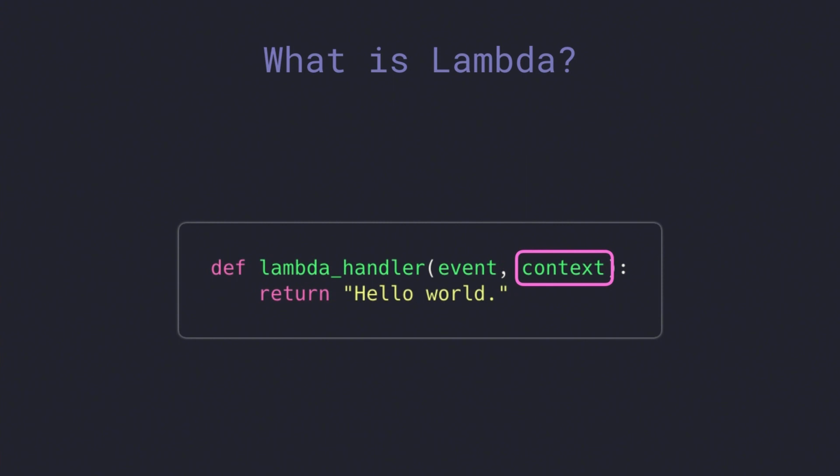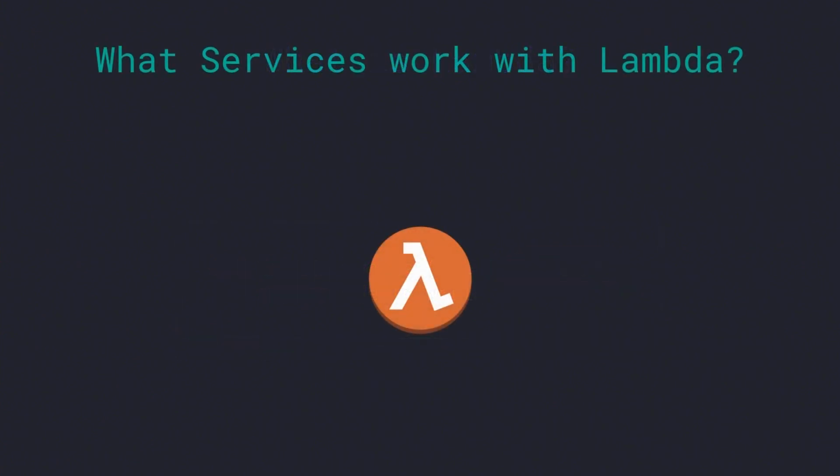Inside the context object, if you're doing a long-running process in there, and you want to use up as much of the time as possible, or even if you aren't using up the maximum of 5 minutes, there's a timer in here so that you can call the method on it to check how many milliseconds are actually left in your execution time. So if you're looping over something, you can still gracefully exit out of the function before you actually run into a timeout, and then it just dies. But we're going to be covering the event object a lot more in a little bit here.